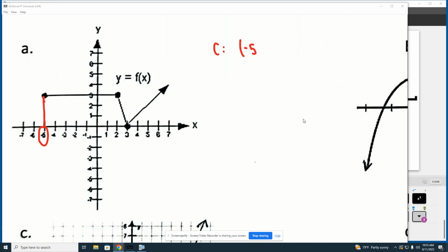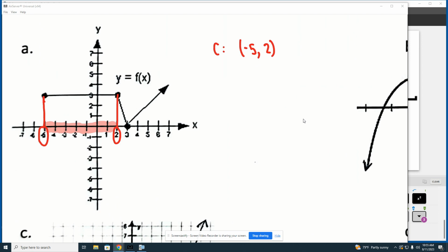So it's remaining constant as it leaves -5 all the way until it gets right here at what x value? 2. Look, guys, this thing is remaining constant all throughout this region. And that's why we use an interval to represent that. You follow?